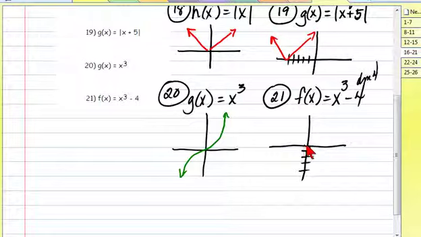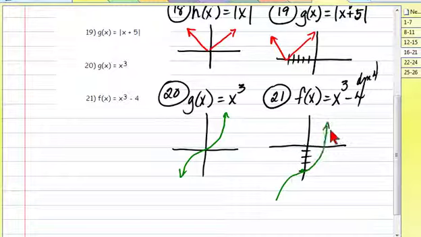So that point where it would have gone through the origin gets shifted down 4, and it wiggles through that point instead. And you'll be doing multiple choice.